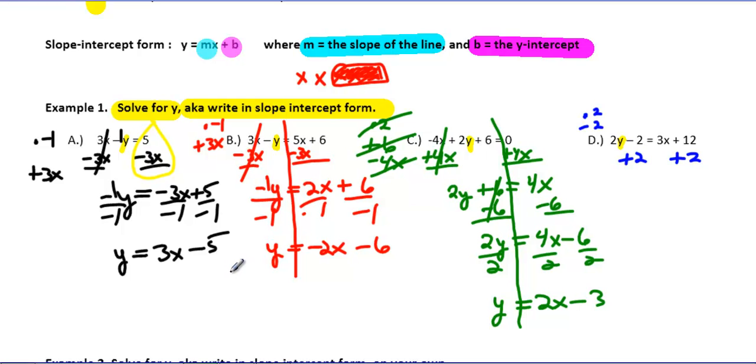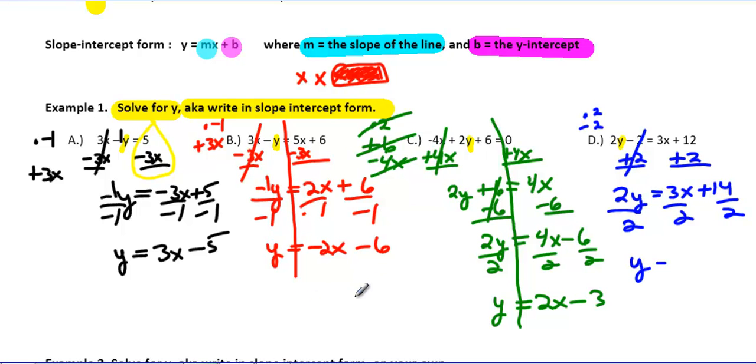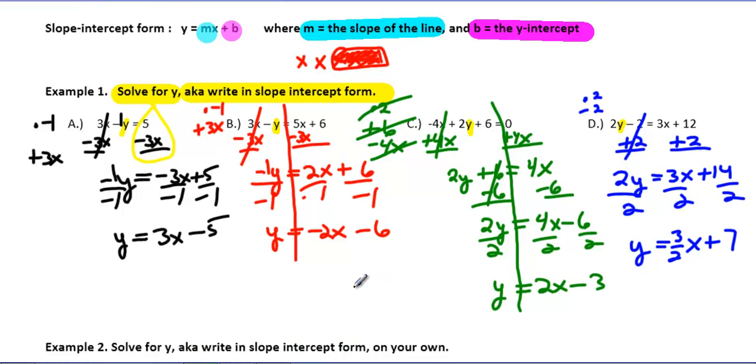Opposite operation. Do the same to the other side. That's 2y equal to 3x plus 14. Again, like terms need to be combined. Nothing new here. Divide, divide, divide. Simplify where possible. For example, 3 over 2 is 3 over 2. Leave it alone. And that will be 7. All right, let's move on.